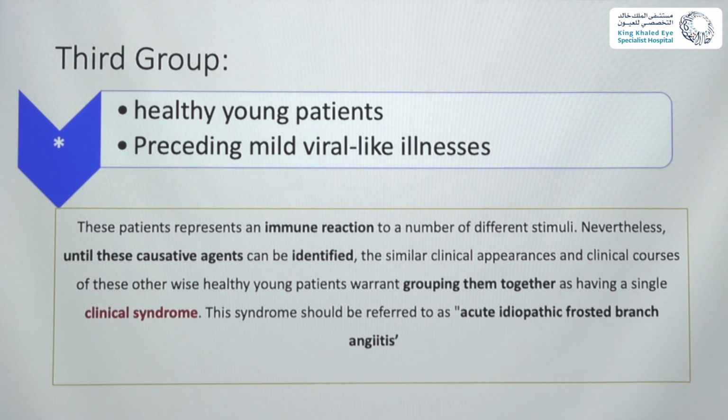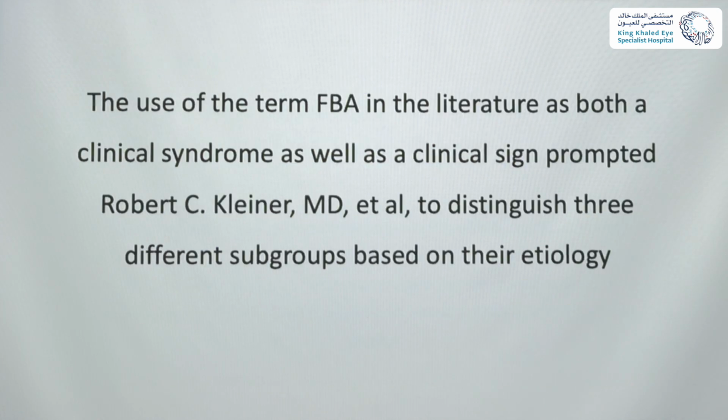Until this causative agent is identified, we will group them under the name of a clinical syndrome, and we will call it acute idiopathic frosted branch angiitis. So the use of the term frosted branch angiitis in literature as both a clinical syndrome as well as a clinical sign prompted the reports to distinguish 3 different subgroups based on their etiology.